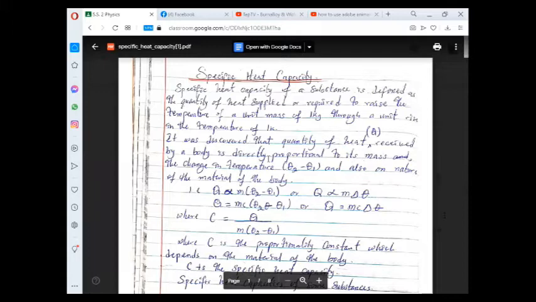And you can see we have this relationship between quantity of heat, the mass of an object and the increase in temperature. And this is the relationship which I'm going to show to you right now.